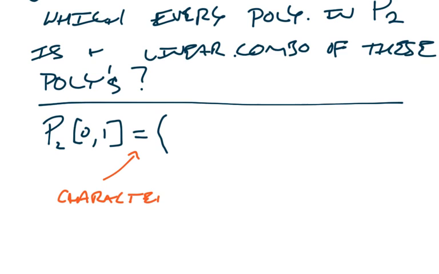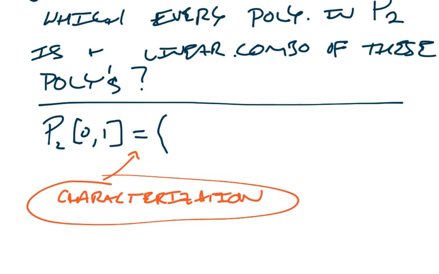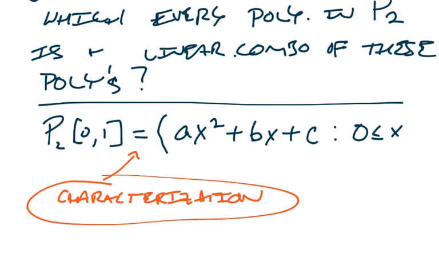Its definition is just that it's all polynomials degree 2 or less. However, we know exactly what polynomials have to look like. All right, so this is going to be the set of all things that look like ax squared plus bx plus c. And here, the only restriction is that x has to be between 0 and 1, which is told to us by the fact that it's a P2 of 0, 1. You could have other domains there, right? You could have other intervals. I just happen to pick 0, 1 because of what we're going to talk about next.